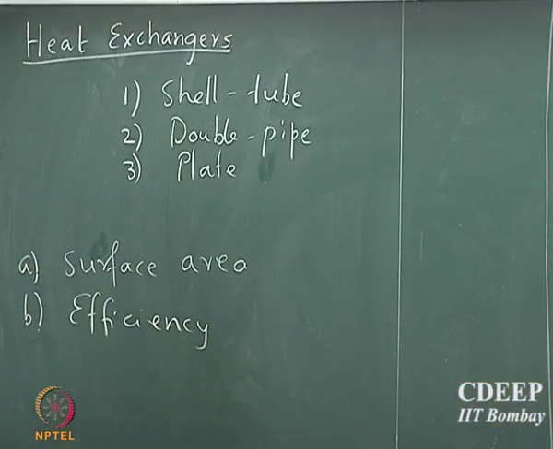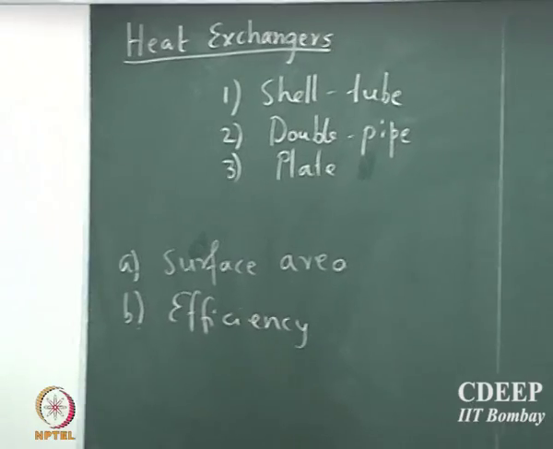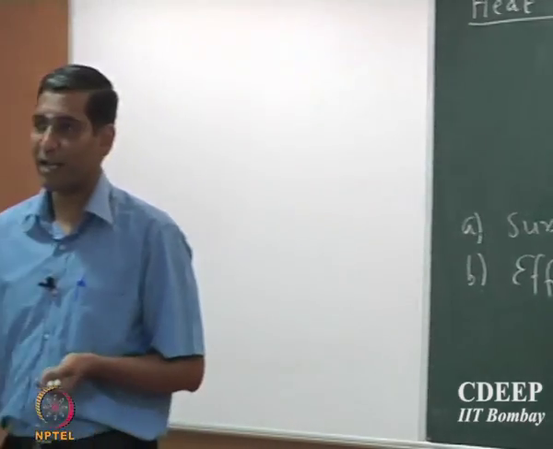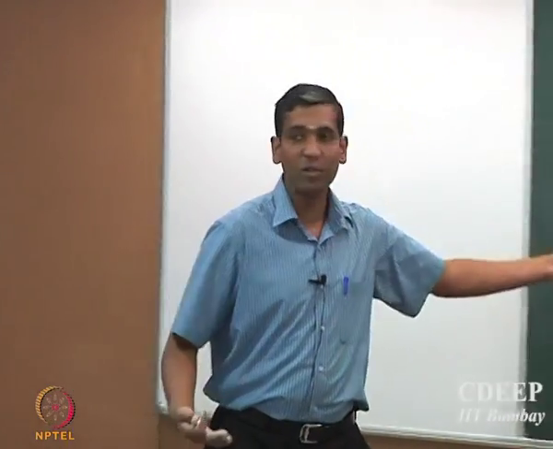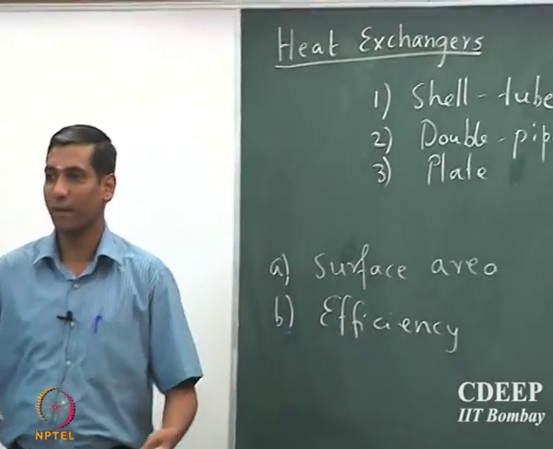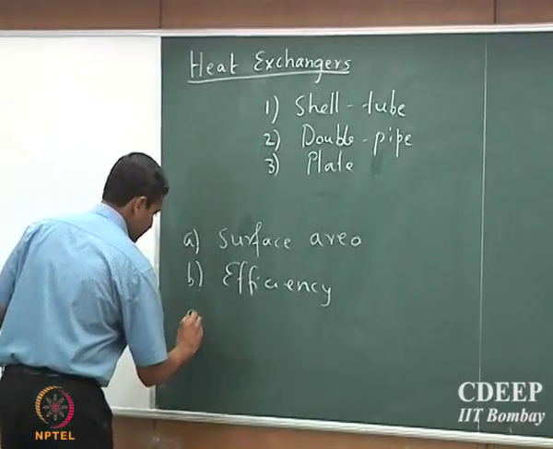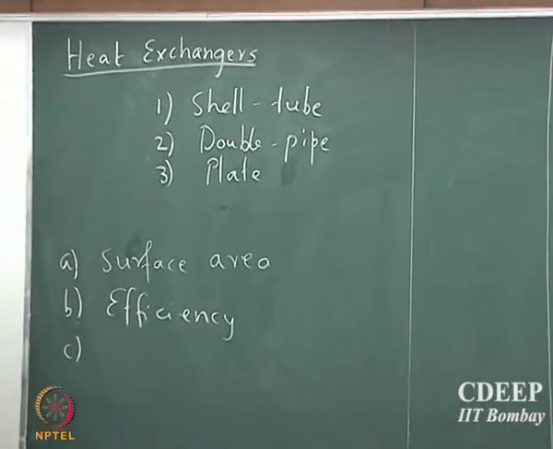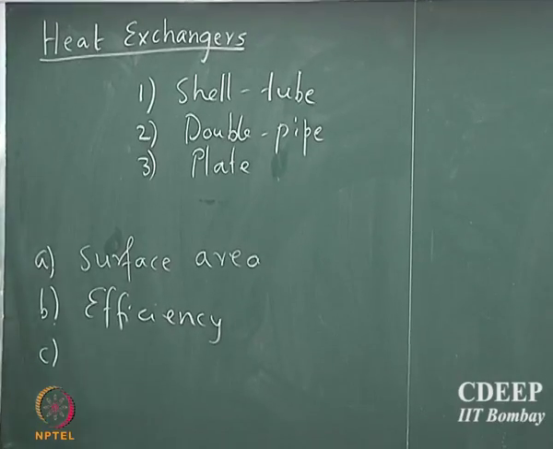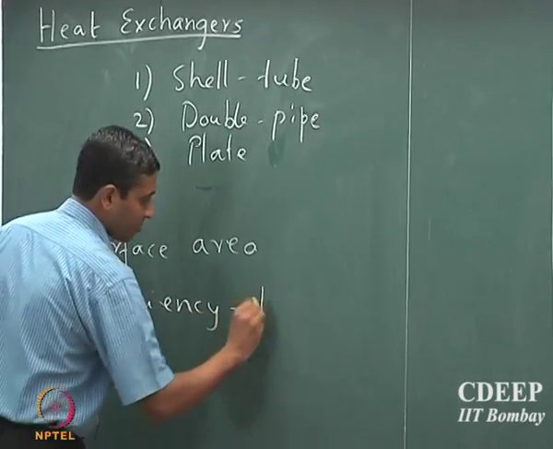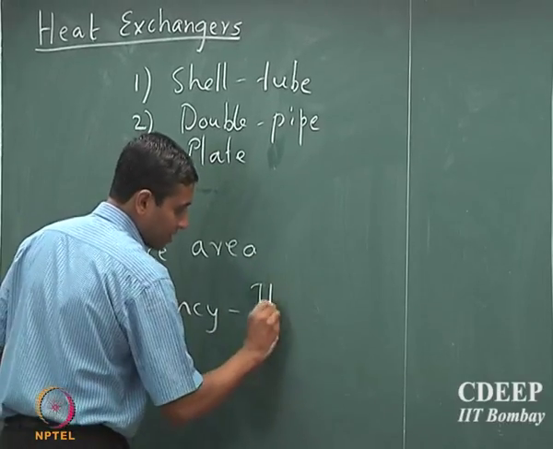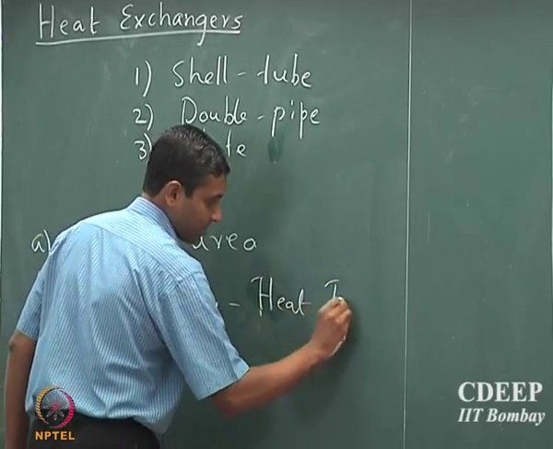I could still use the same heat exchanger with similar inlet and outlet temperatures. So, what really matters is these two aspects, not just the temperature. Efficiency can actually be looked at in two ways. One is the heat transport efficiency.